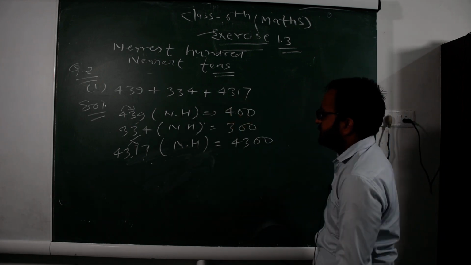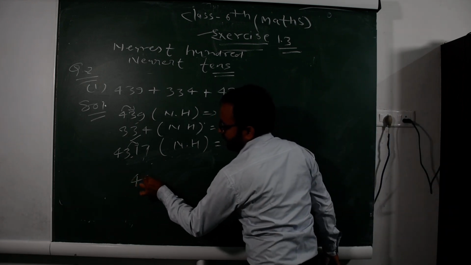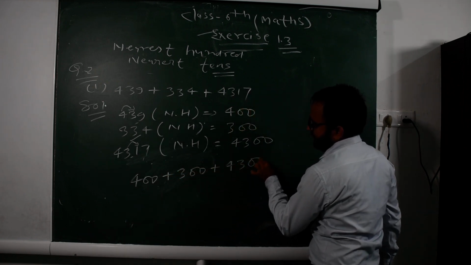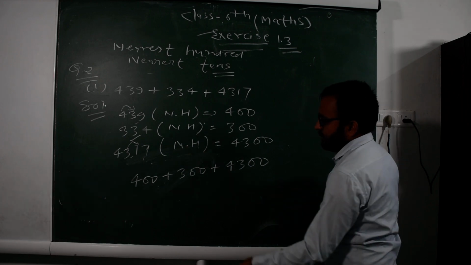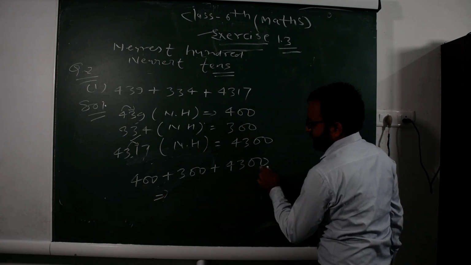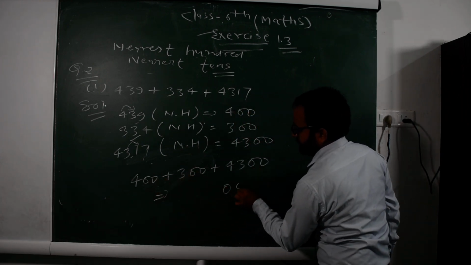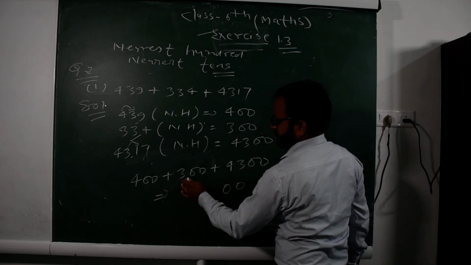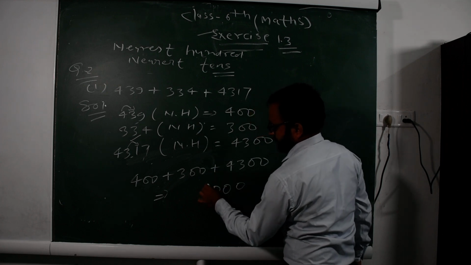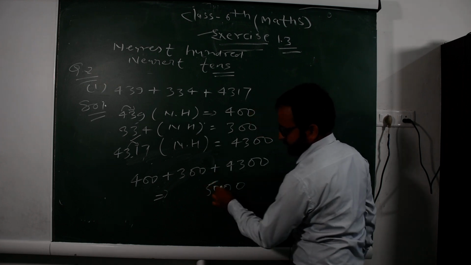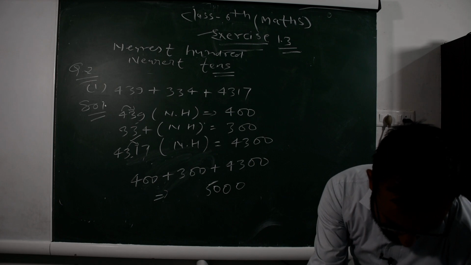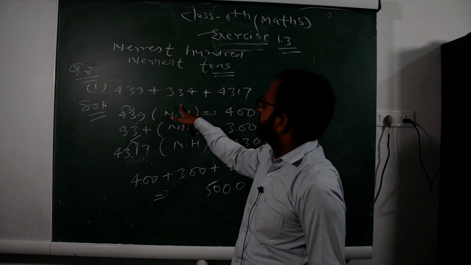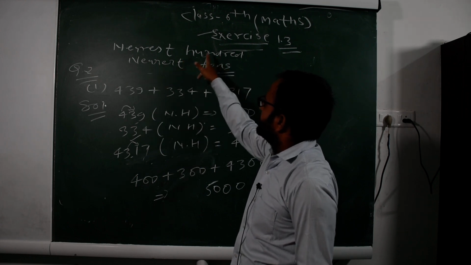Now we put the sum: 400 plus 300 plus 4300. What is the sum? That means 5000 is the approximate sum regarding nearest 100.